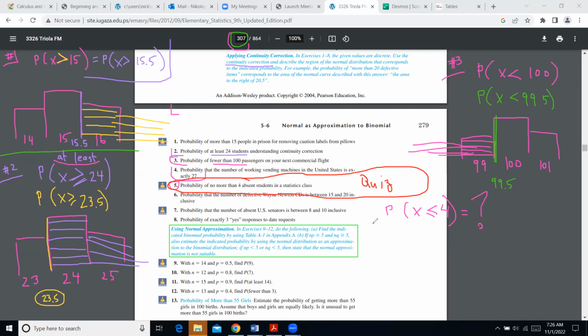So approximate this probability. All you have to do is write it with 0.5 increment, and that's all we need for that little quiz.